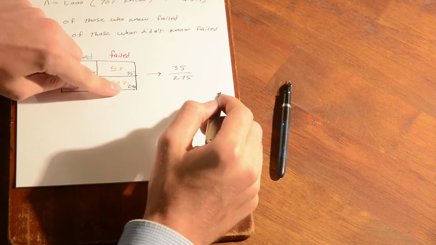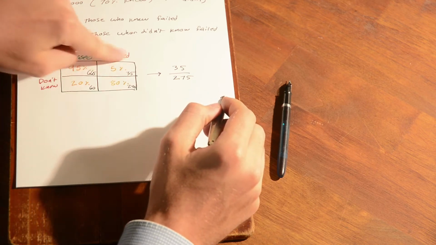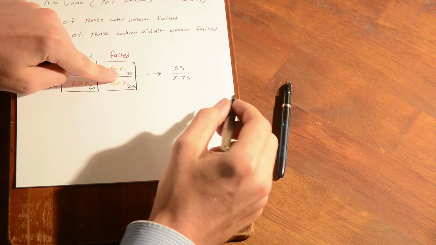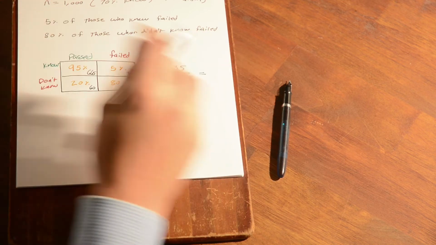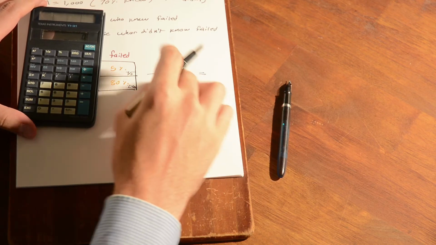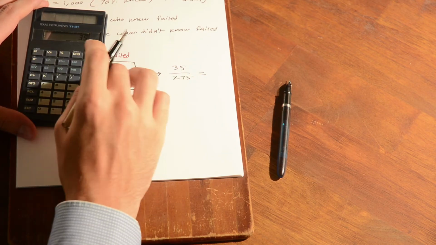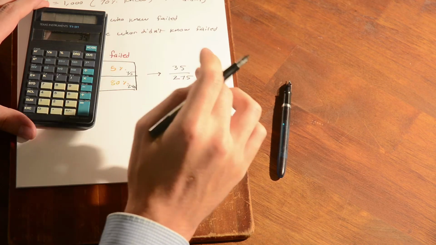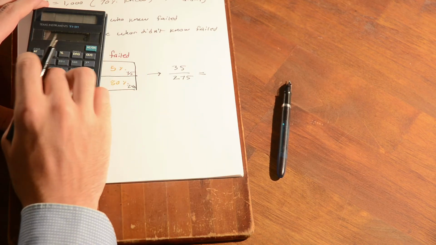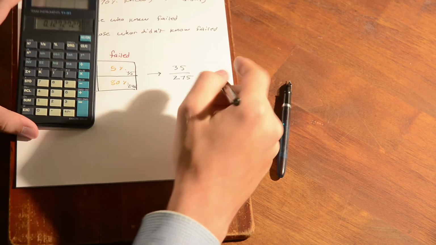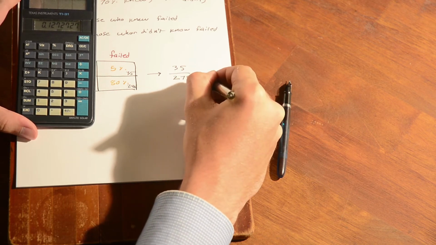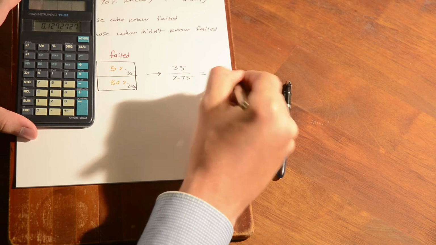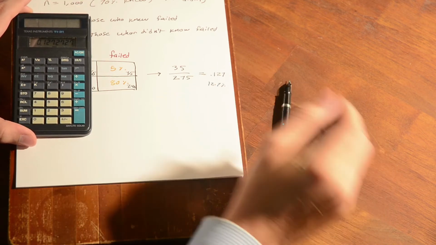But 35 out of the total number of people who failed, so 240 plus 35, so 275, is equal to the percentage of those who failed who knew the material. So 35 divided by 275 is equal to 0.127, or 12.7% of those who failed knew the material.